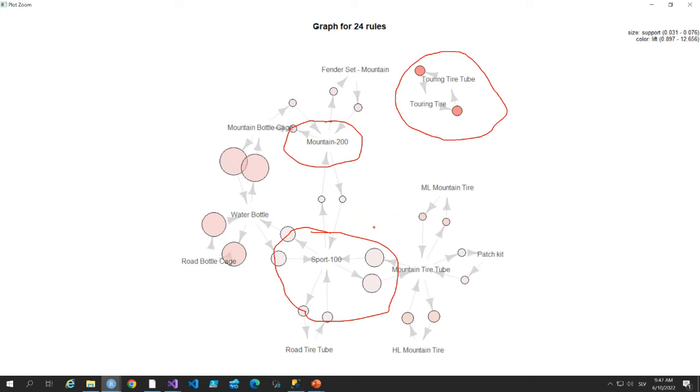What is special about this product? Special is that once you come, let's say from Sport 100, you come to this product, Mountain 200, then you immediately go to more groups. So it's more kind of transitional product. So although maybe support for this product is not extremely high, it means it typically leads to another shopping sequence, one or more than one product.